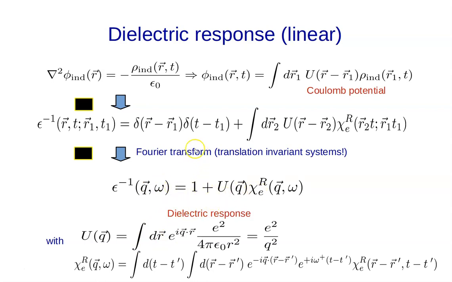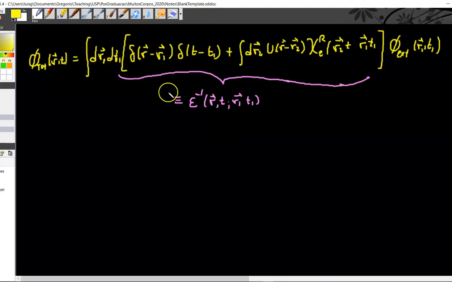So let's go to the blackboard and do this quickly, so that you know how to do this Fourier transform. All right, so we want to do a Fourier transform in both time and space. As I said, the Fourier transform in space works something like this.